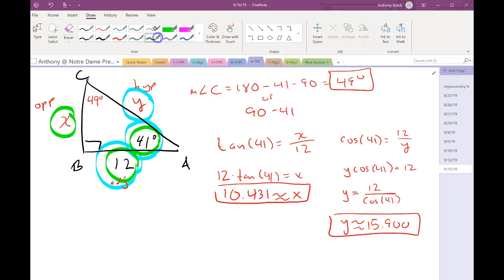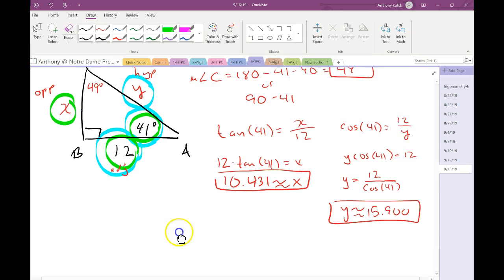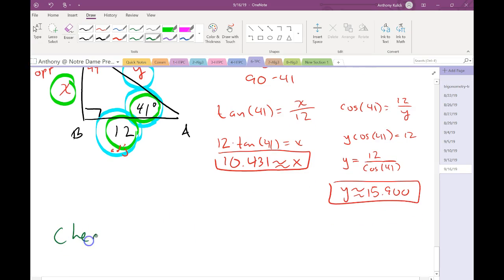Let me point out for you guys a nice check that we have to make sure that we've done this correctly. What is a couple ways that we could check to make sure we've solved this triangle correctly? Good. We could make sure that the Pythagorean theorem still holds.